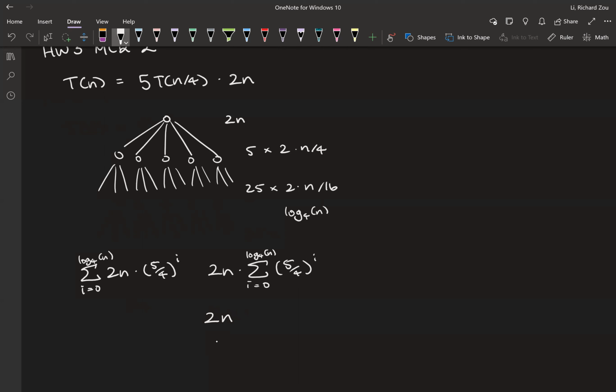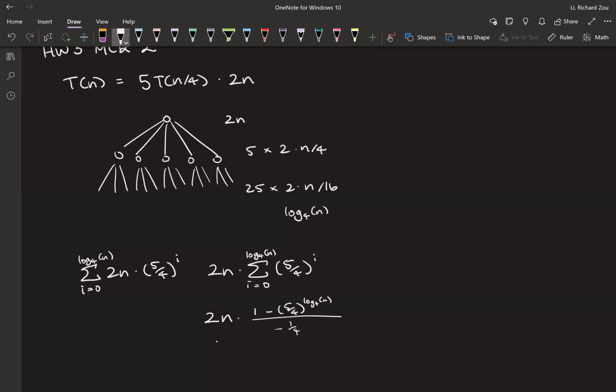So this would be approximately equal to 5 to the 4th, if I remember this correctly. No, so yeah, it'd be 5 to the 4th. Or no, because it starts at 0. So it'd be 1 minus 5 to the 4th log 4 and something like this, over minus 1/4, something like this.